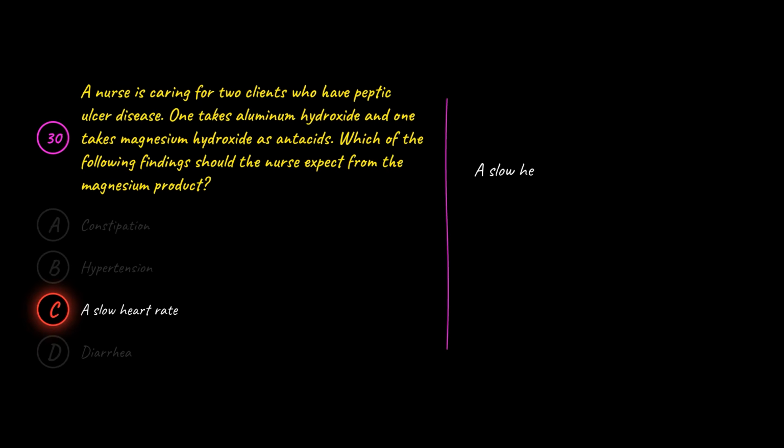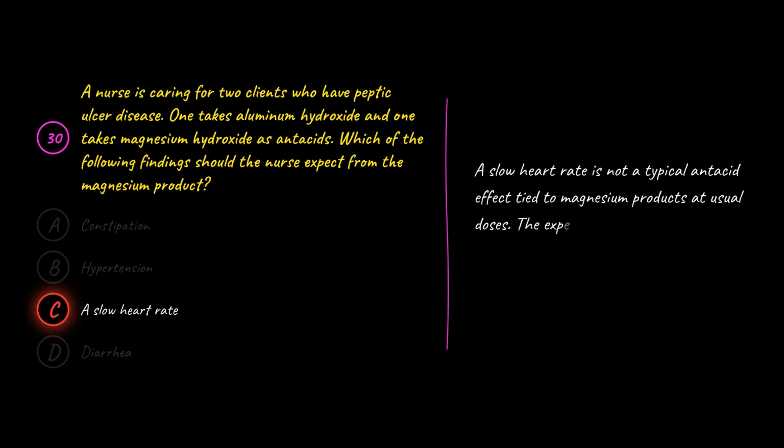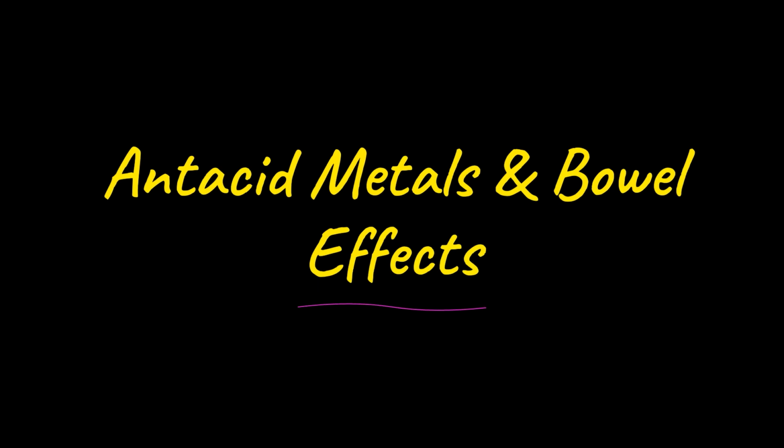C is wrong because a slow heart rate is not a typical antacid effect tied to magnesium products at usual doses. The expected and most distinguishing finding for this compound is its effect on the bowel, specifically loose stools. Antacids work by neutralizing excess stomach acid, bringing quick relief from heartburn and peptic ulcer pain.